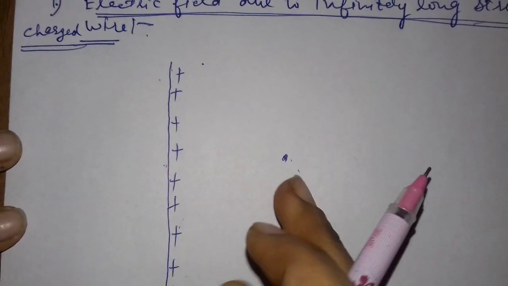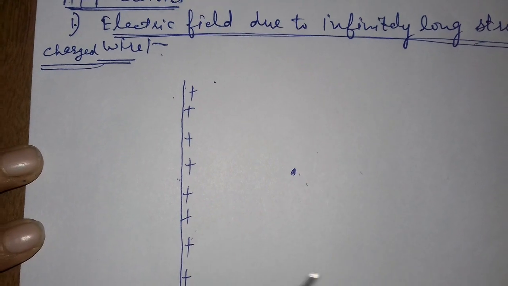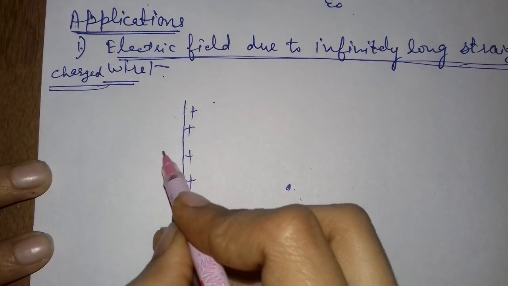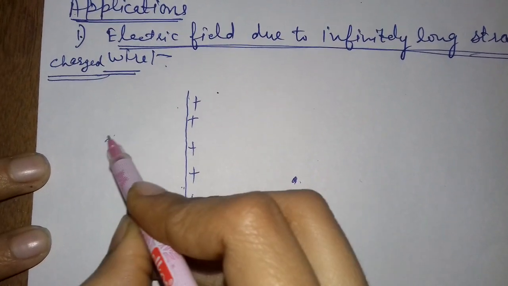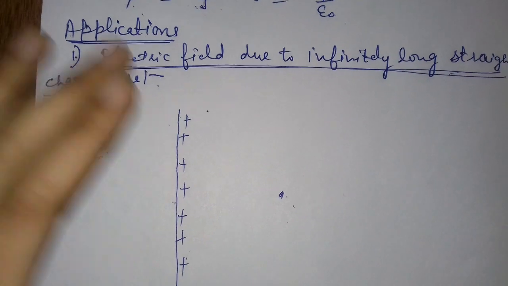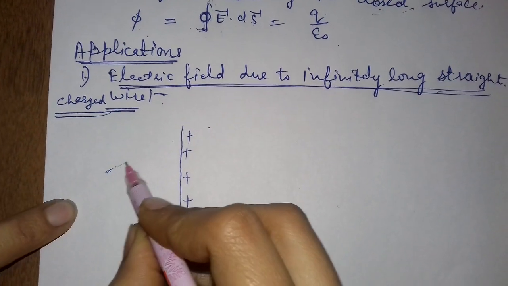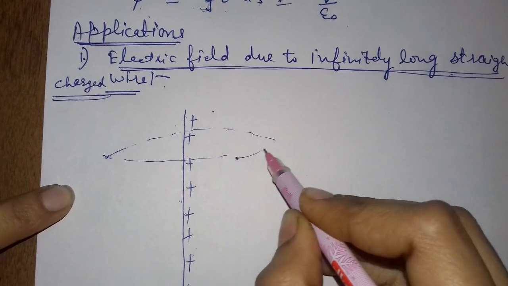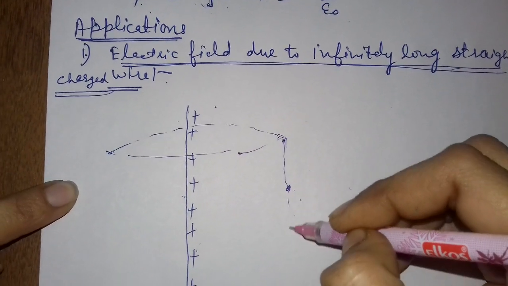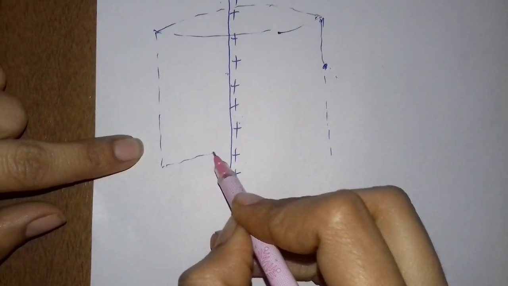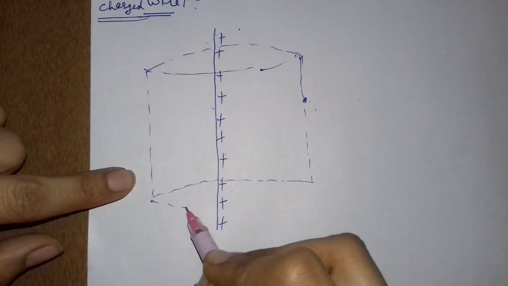So I will consider that Gaussian surface which will enclose this wire. Because this wire is infinitely long, I can't consider the whole wire, so I am taking a portion of it, let it be this one. I am considering the shape of a cylinder. I am drawing it in dotted lines because this is just an imaginary surface.